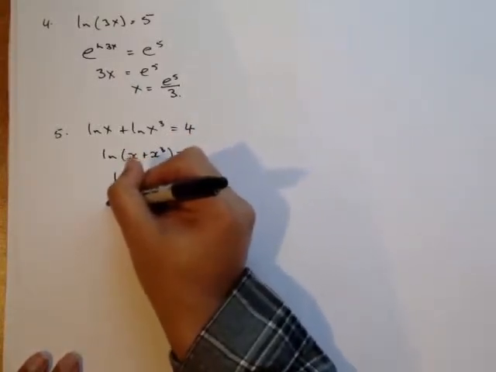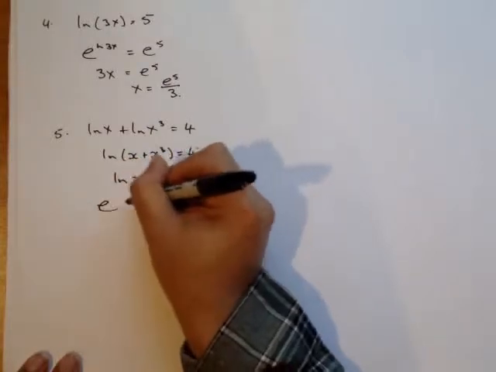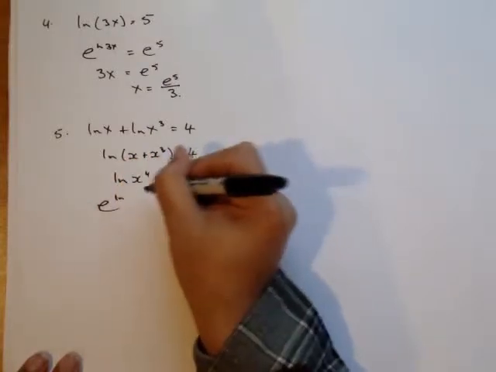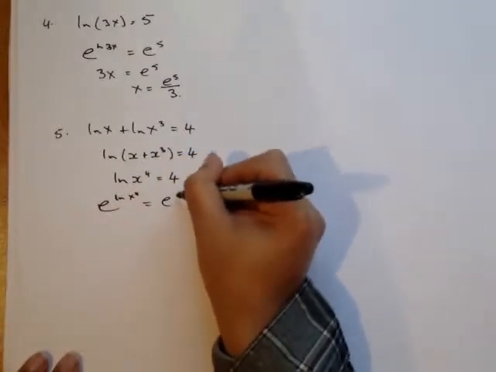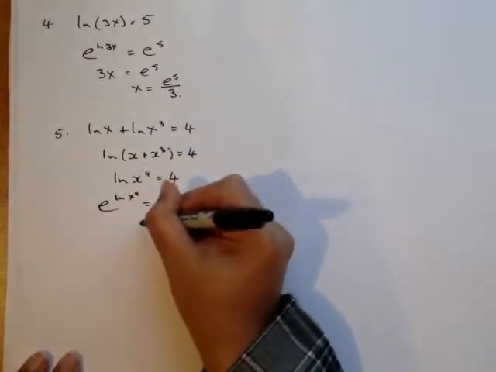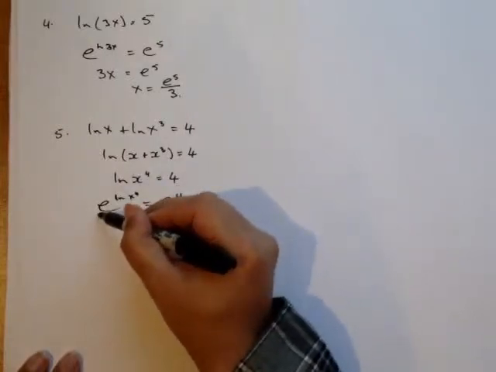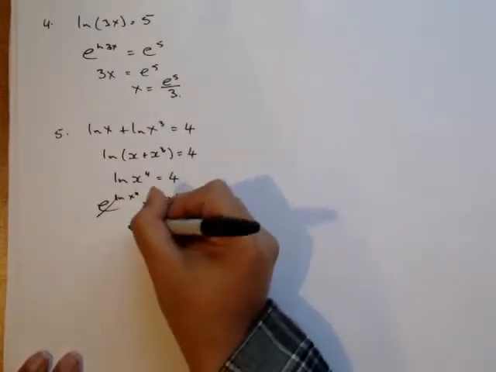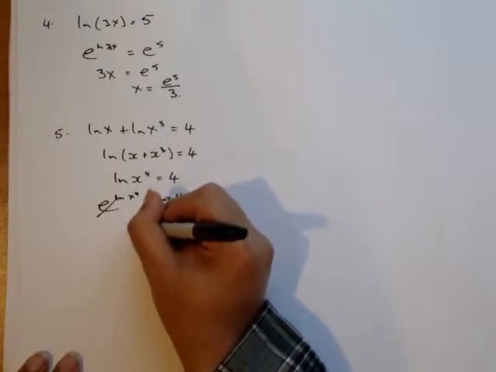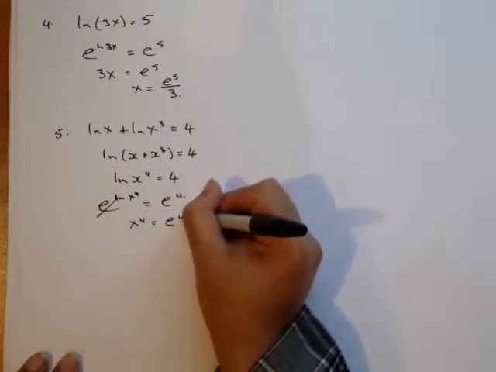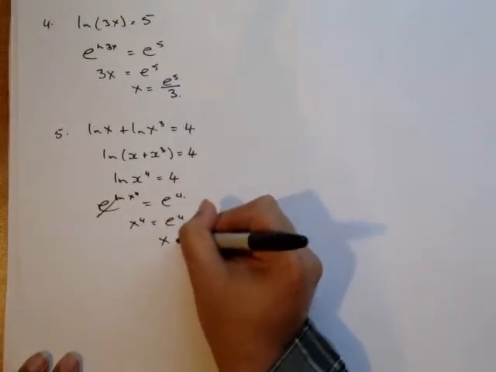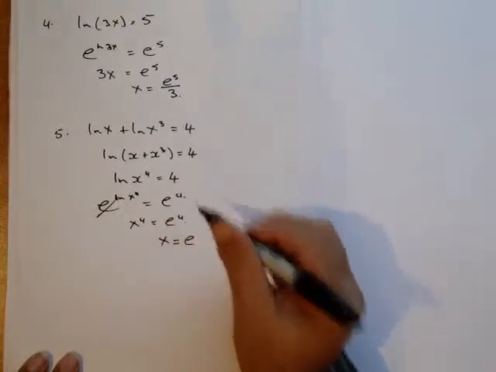Exponentiate now. So we have e to the natural log of x to the power 4 equals e to the 4. So this cancels this out, and we're left with x to the power 4 equals e to the 4. So therefore x equals e.